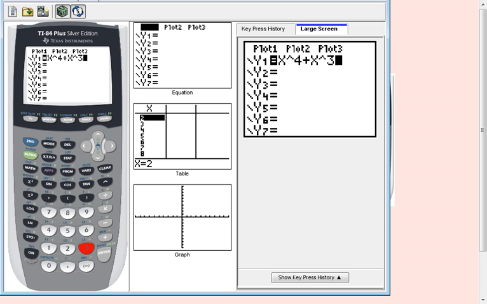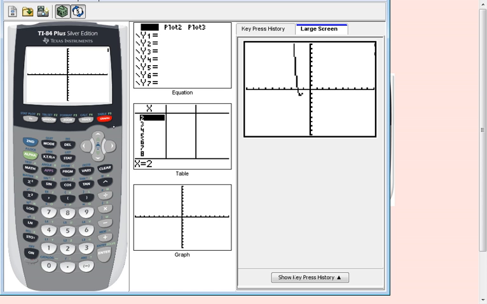Minus 4x squared. And then what? Minus 4x. So x to the 4th plus x to the 3rd minus 4x squared minus 4x. Are we good? All right, now hit graph because I want this to show up on my screen.